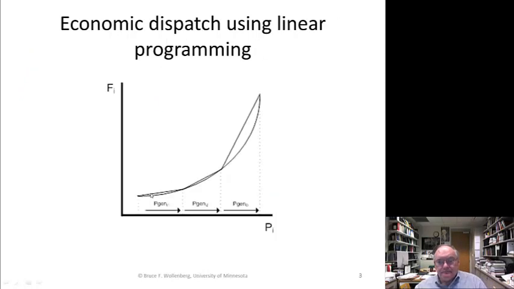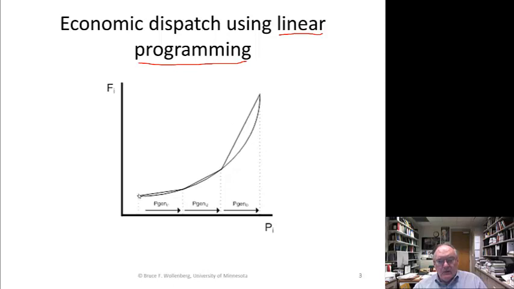Okay, so we're going to talk now about using linear programming. You remember we introduced that in the general build up to this chapter as a method of solving problems.